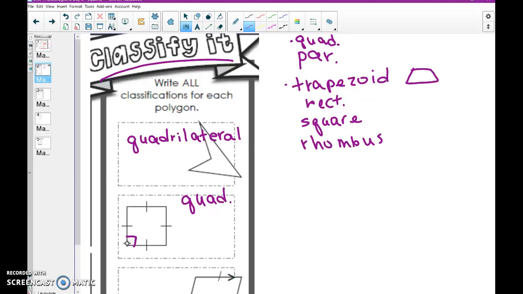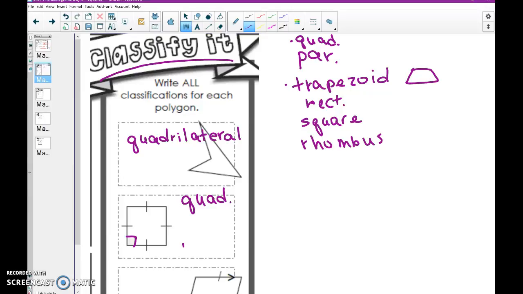Is it a parallelogram? Well, if this is 90, then this guy would have to be 90. Let's see. Actually, I don't know if we can call it that. We do know, since it's got all four congruent sides, what's the shape that doesn't necessarily have 90 degrees but does have four congruent sides?